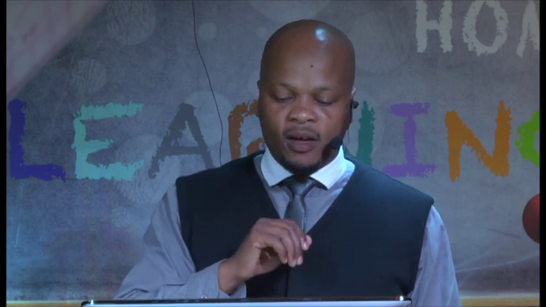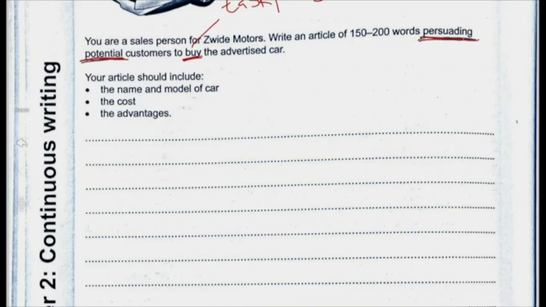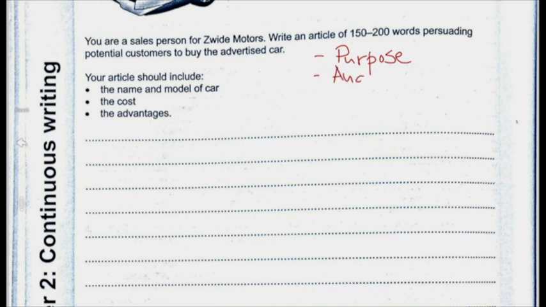Here, we are always told at school that before you attempt any question, make sure that you identify what? You identify the three things that are very, very important. We said that you have to identify the purpose of your writing. Why do you have to write? All right, so that's one. Two, you need to identify your audience.